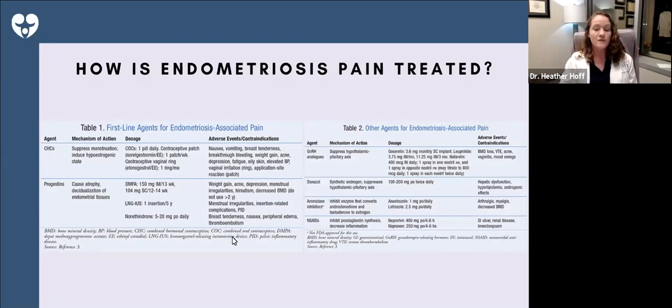If a woman is not interested in conceiving for some time in the future, we can actually consider longer term options such as an IUD, an implant in the arm, an injection. These are things that can also prevent endometriosis from recurring after a procedure or help with symptoms before a procedure, but they should be something that are a little bit longer term option.